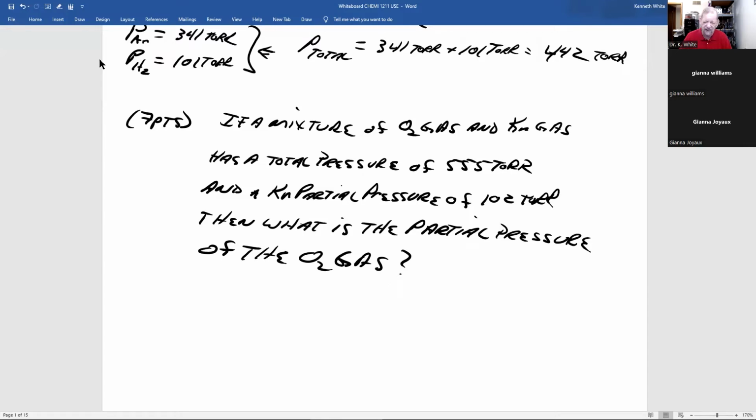And a krypton partial pressure of 102 torr. Then what is the partial pressure of oxygen gas?